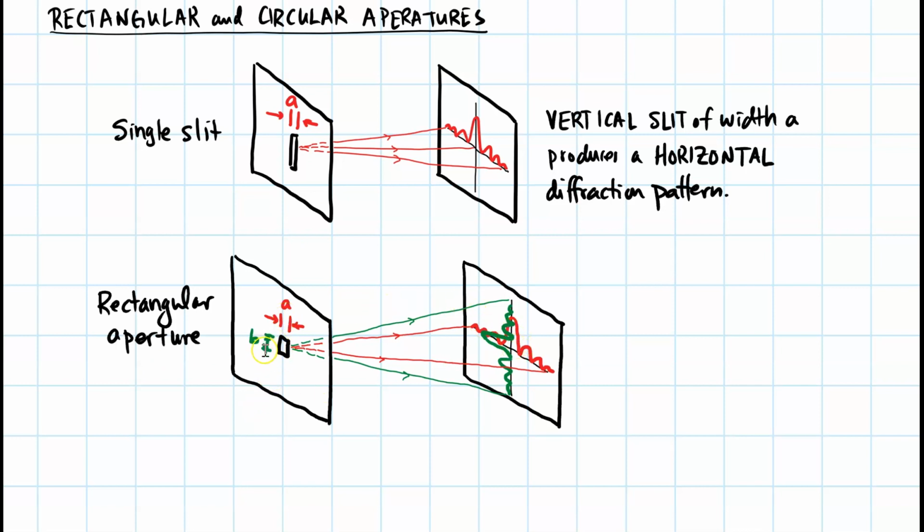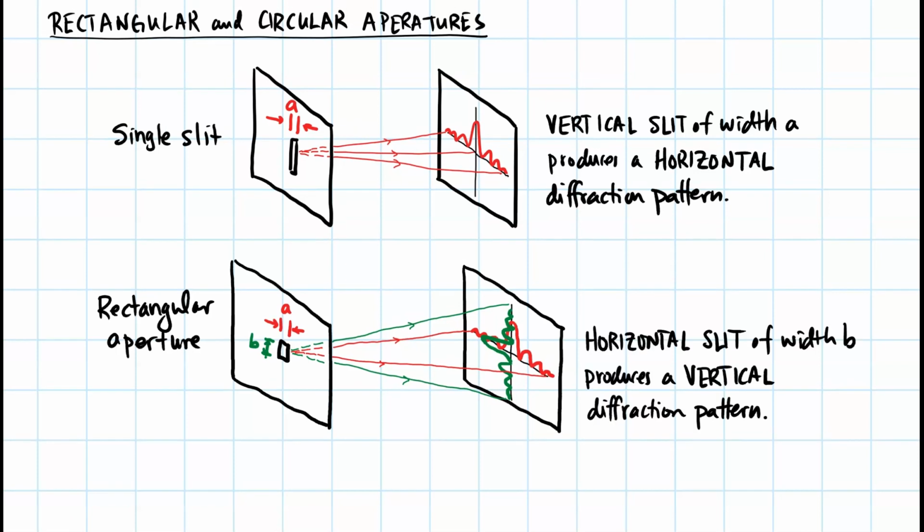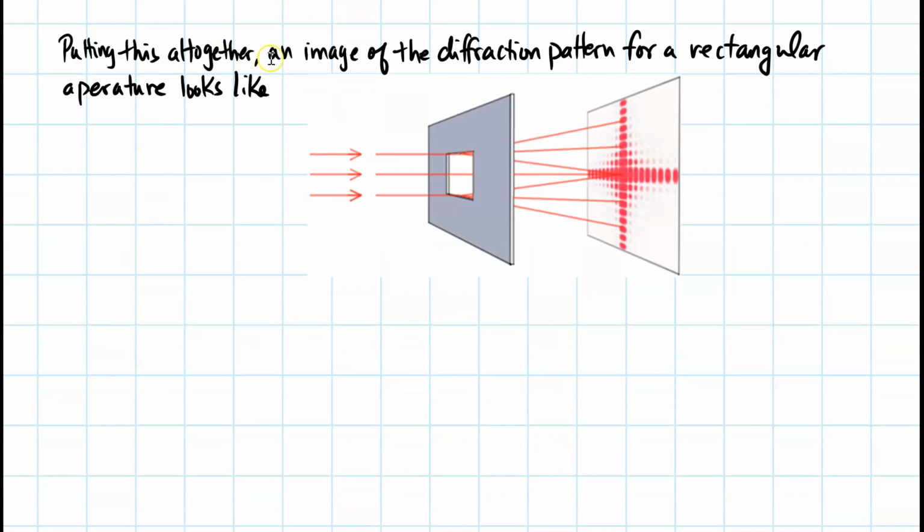But now I have to talk about the horizontal slit opening, which produces this green pattern. So if I focus on the green horizontal slit, a horizontal slit of width b produces a vertical diffraction pattern. Putting this all together, an image of the diffraction pattern for a rectangular aperture looks something like this.